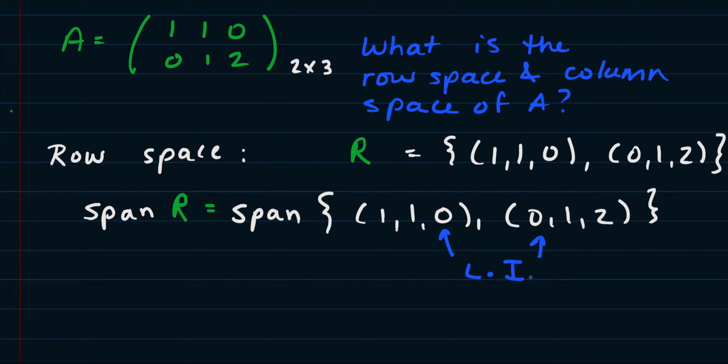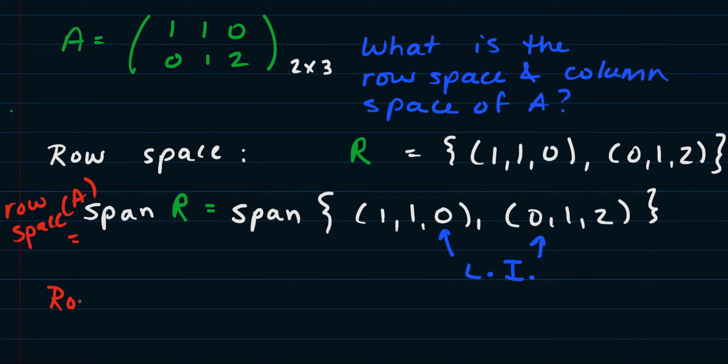Put LI for linearly independent. So that means the span of these two rows, and the fact that they're linearly independent, they form a subspace of R 1 by 3. So the row space, we call this the row space of A, which is equal to this span.